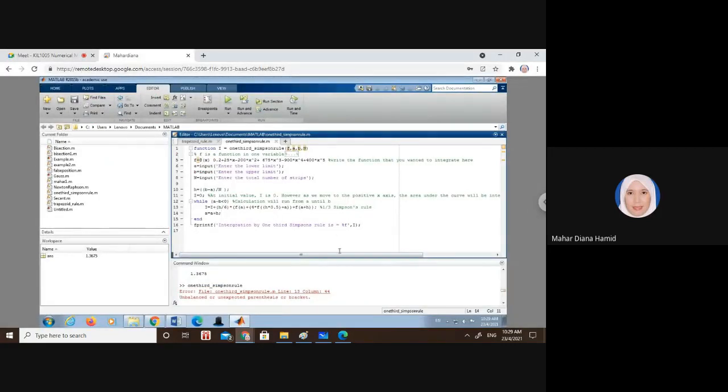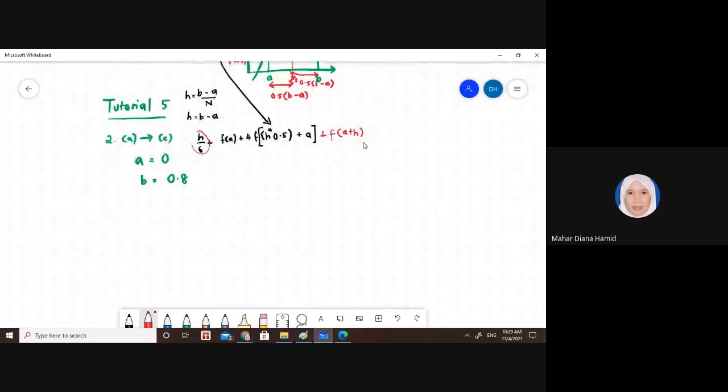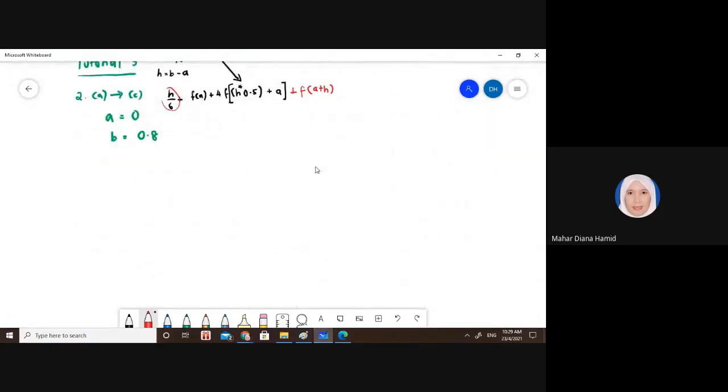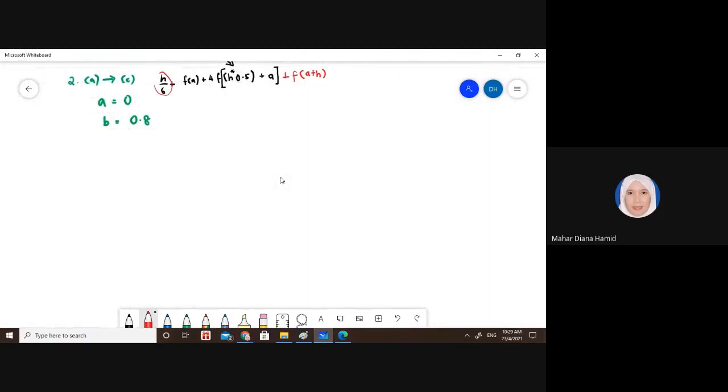The third one would be the three-eighths rule. So if you refer to the slide, three-eighths rule. If we try to make a graphical representation, it would be something like this, for example.